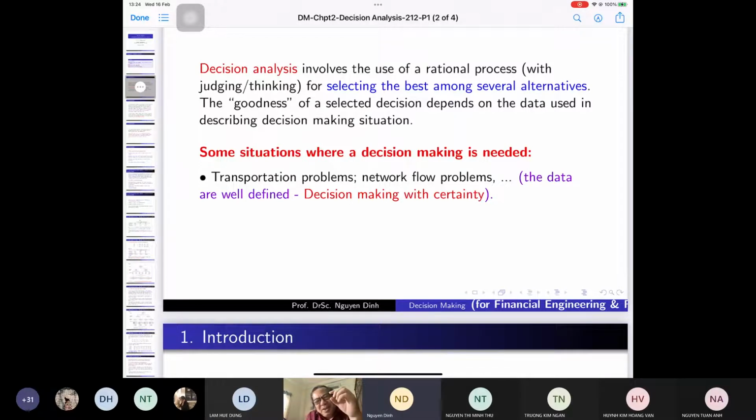Rational process means a process with reasoning, with arguments, to think, to judge, something like this, for selecting. In order to select, there are several alternatives, 1, 2, 3, 4 cases, and then you need to make a decision to choose one of the 4, to choose the best one.